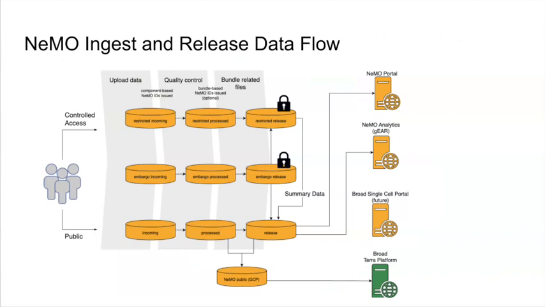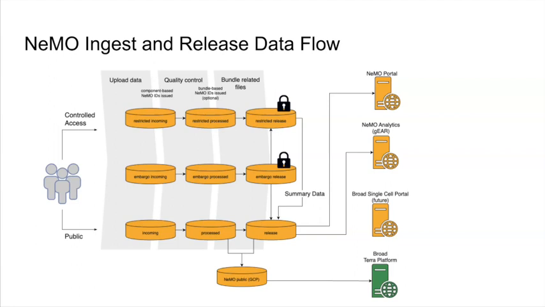So just to walk you through what happens when data is submitted to us. We essentially treat data as three different buckets. We have what we consider public data, there's embargoed data, and then there's what we consider restricted data coming into us. Depending on where it comes from, we process it slightly differently. The first thing we do is every asset that comes into NeMO is given a unique identifier.